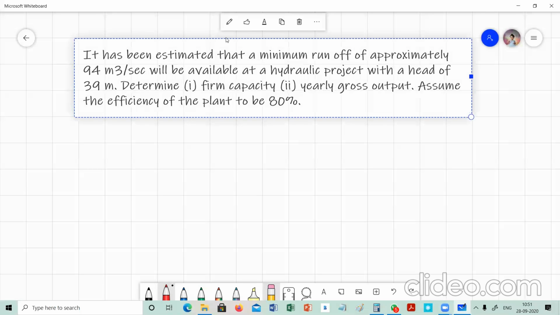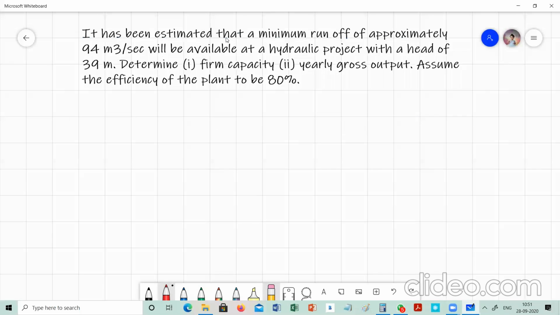It has been estimated that a minimum runoff. Runoff means what? Continuous availability of water for generation purpose. Minimum runoff. They have used the word minimum.